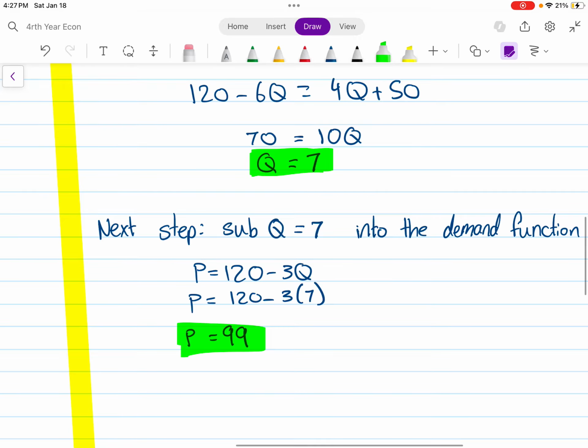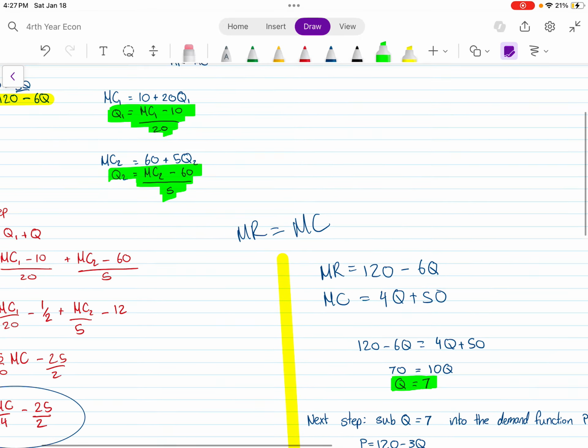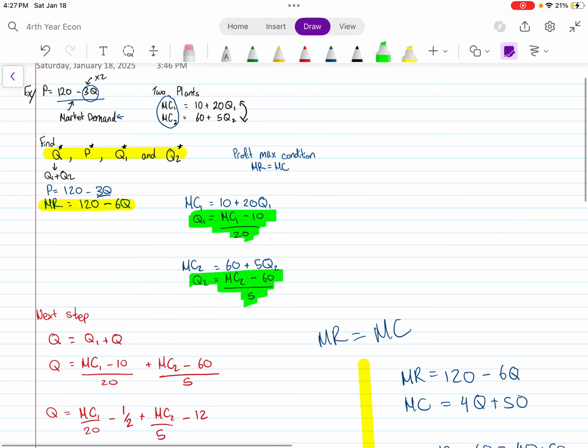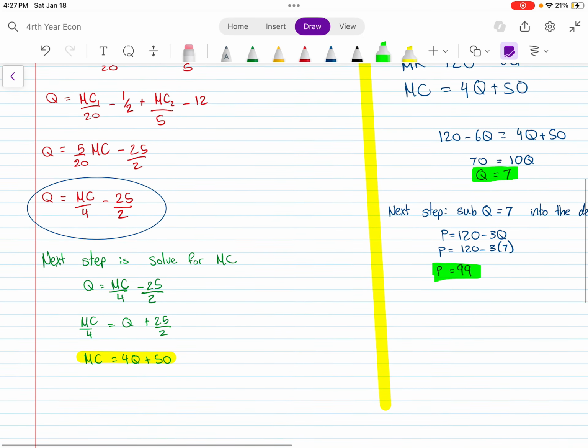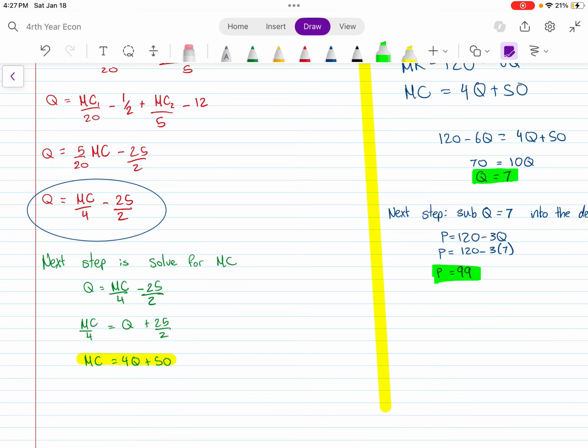Now, remember in the beginning we isolated for Q1 and Q2 right here. And this is because we figured out what our marginal cost is going to be right here. We figured out that the marginal cost function is MC is equal to 4Q plus 50. But we also figured out what the value of Q is.